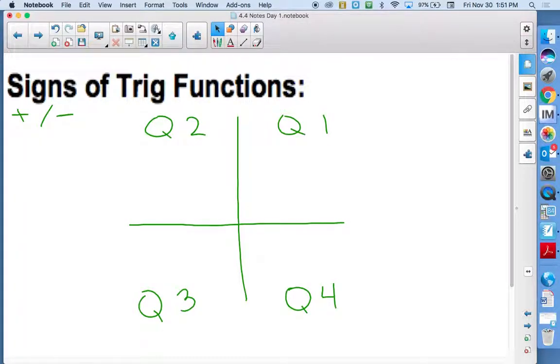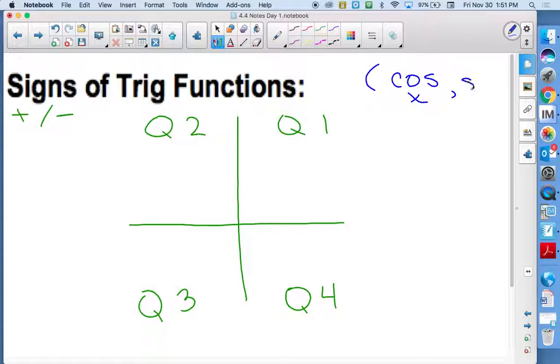So think about the ordered pair in that quadrant, because that ordered pair determines if sine or cosine is positive or negative, and the fact that cosine is x over r, sine is y over r. That r part doesn't really matter. It's the x and y that we've got to be thinking about.